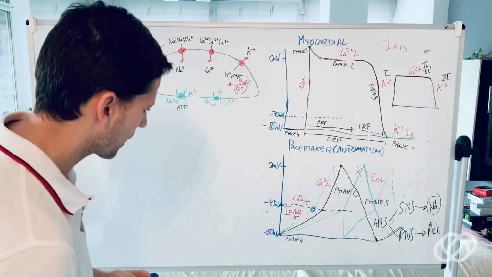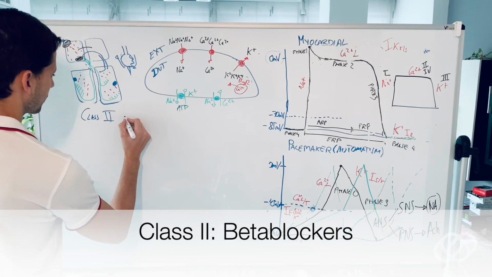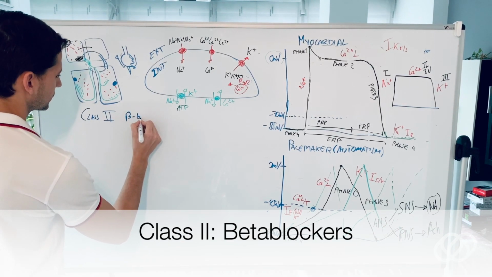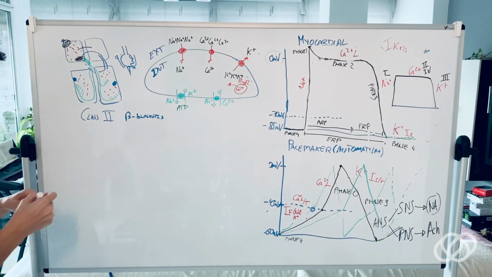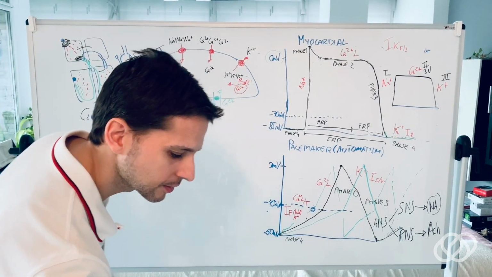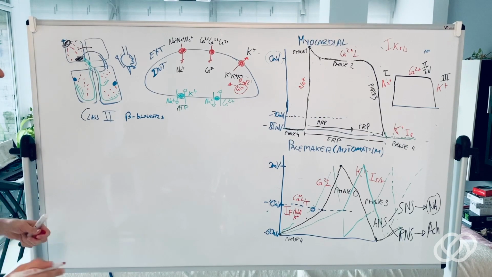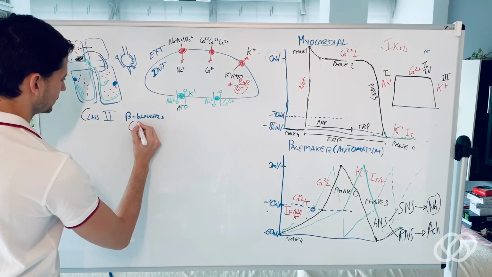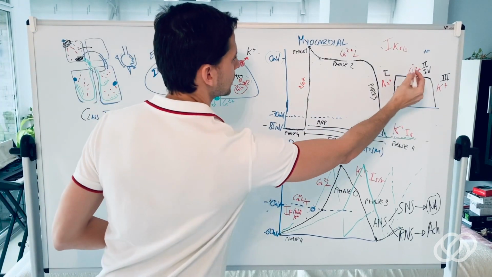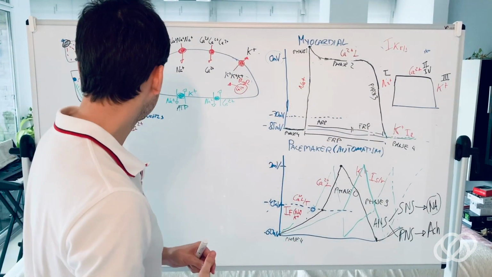Those are mainly the beta blockers, and in this case, the main channel that will be blocked will be the calcium channel. We are going to act in here. So, what do beta blockers do?